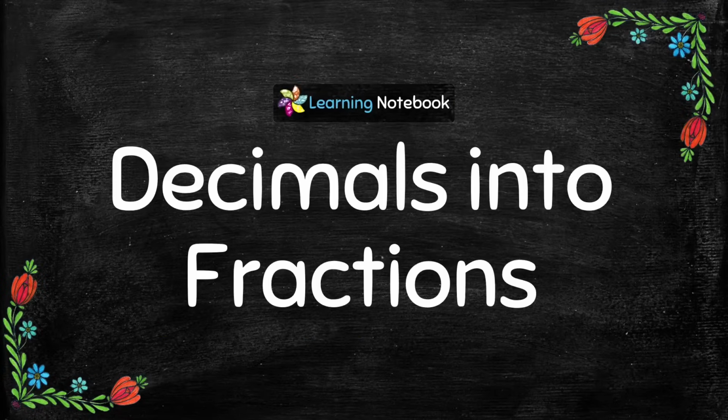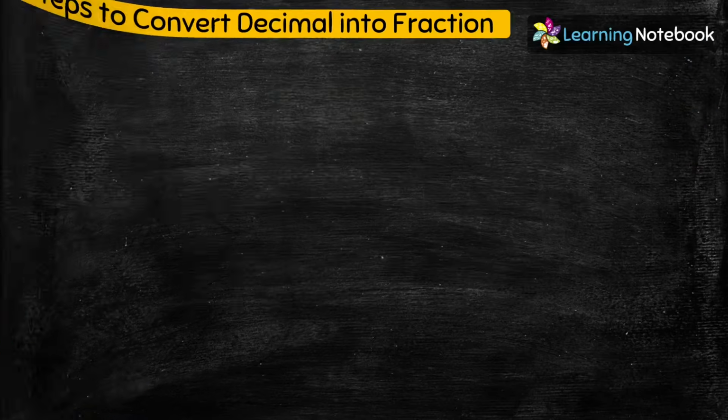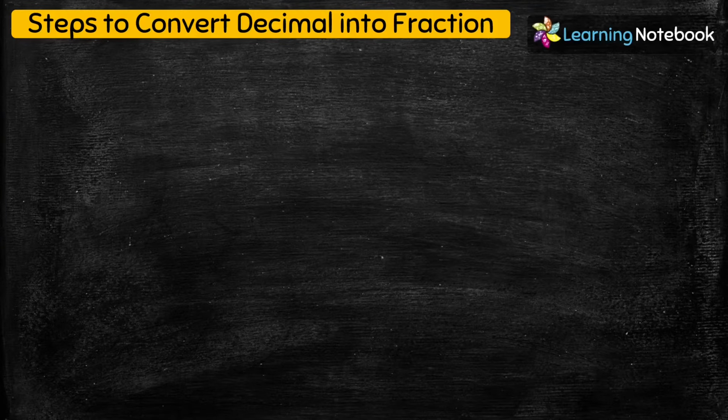Now students, let's learn how to convert decimals into fractions. We need to follow some steps to convert a decimal into a fraction. So let's take an example and follow these steps to convert.